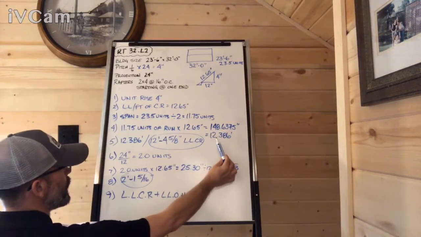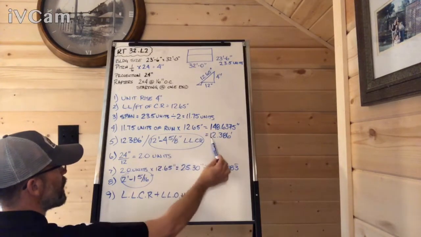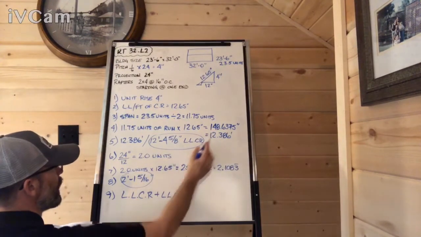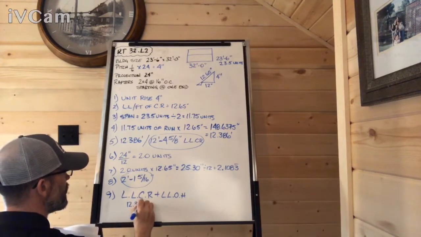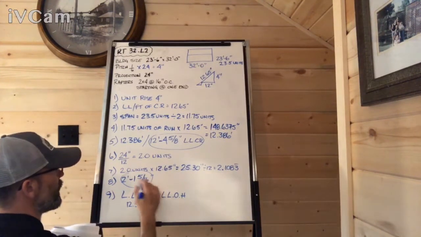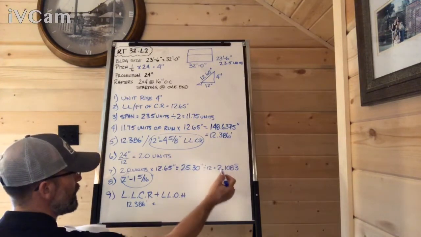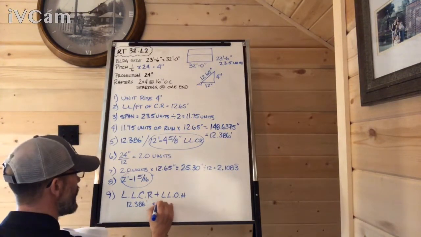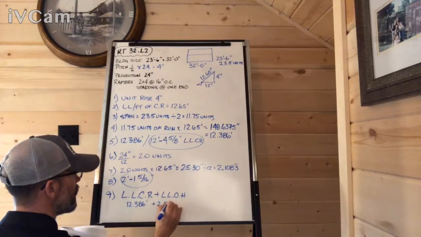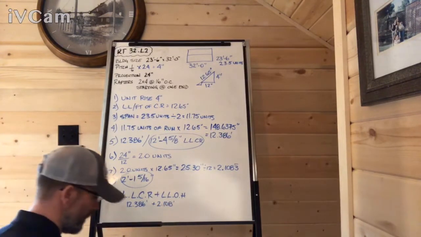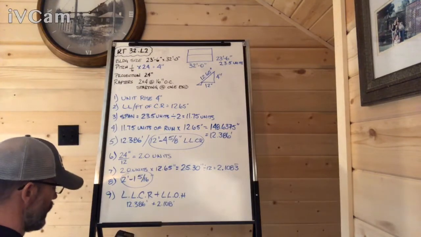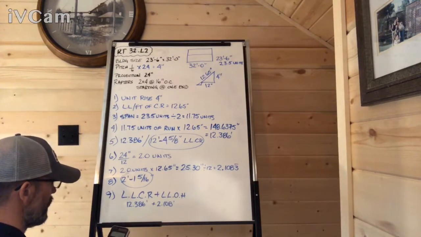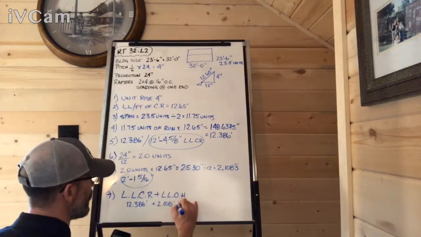Much easier for you guys probably, rather than converting this back, if you already have this written. My line length of my common rafter was 12.386 feet. Line length of my overhang in feet, 2.108. Generally work in 3 decimals. 12.386 plus 2.108 equals 14.494.